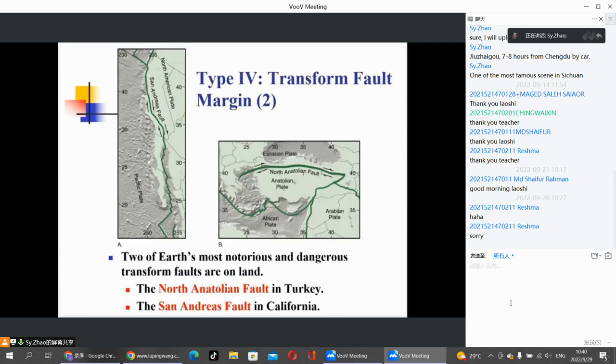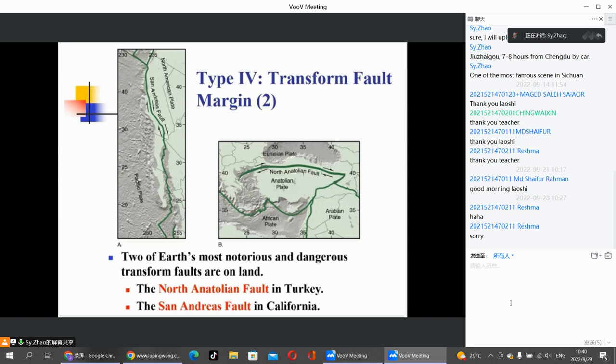And notably, if you are interested in this, you can find a number of literatures or articles on the website of Sichuan University's library about the San Andreas Fault in California.